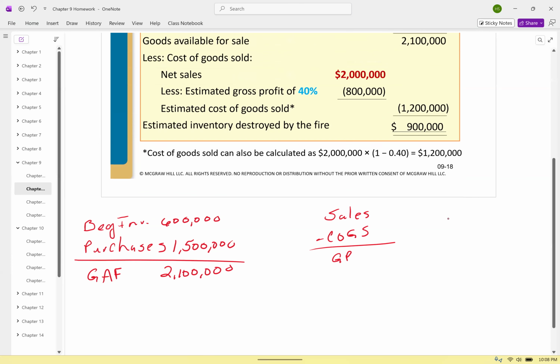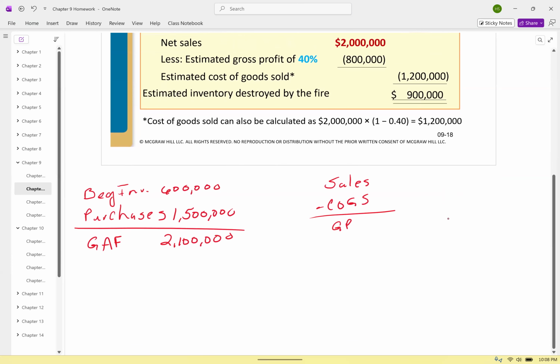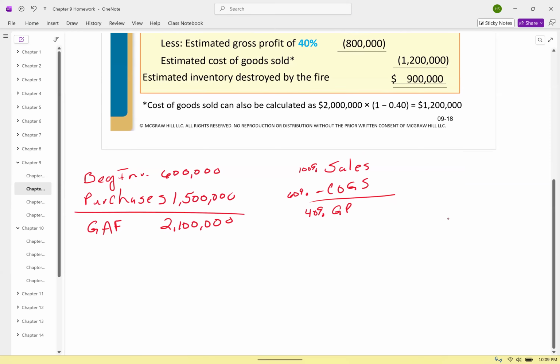So they told us that we estimate gross profit to be 40%. I always like to write this over here. So sales is 100%, then the cost of goods sold will be 60%. Just really basic math right there. So our sales in this case was 2 million.